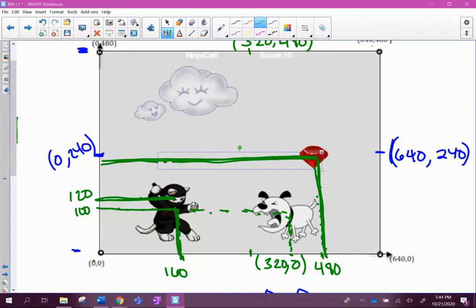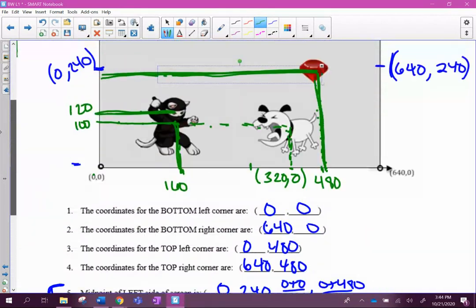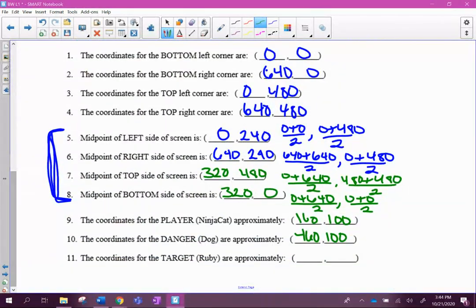Just under 240. So maybe we call this 500, 220. Okay, these are just approximate. You can have totally different answers here, but it's just getting you to eyeball what the coordinate would be.